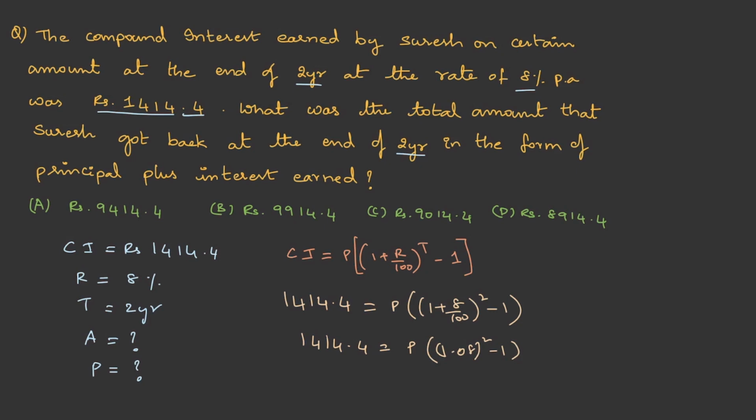When we solve this, P comes out to be rupees 8500. But this is not the answer. We are asked to calculate the amount, and we know that amount is principal plus compound interest, that is 8500 plus 1414.4, that is 9914.4. Don't forget to memorize the squares of decimals like 1.04 whole square, 1.08 whole square, so on. This will definitely speed up your calculations.